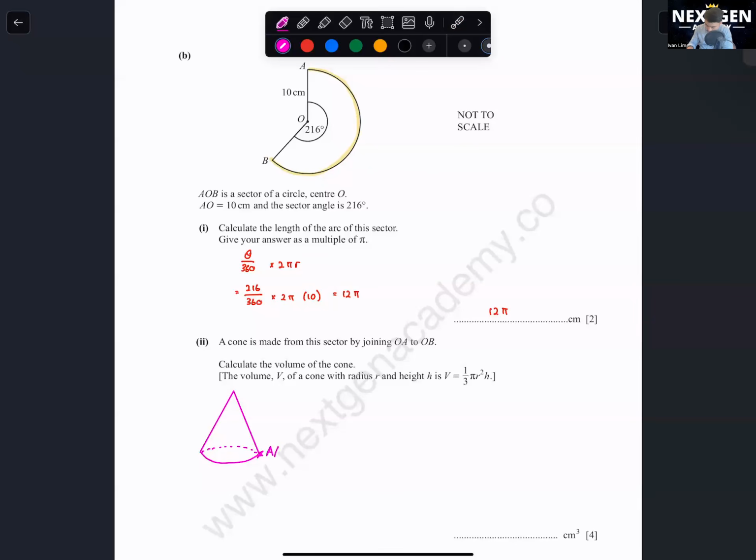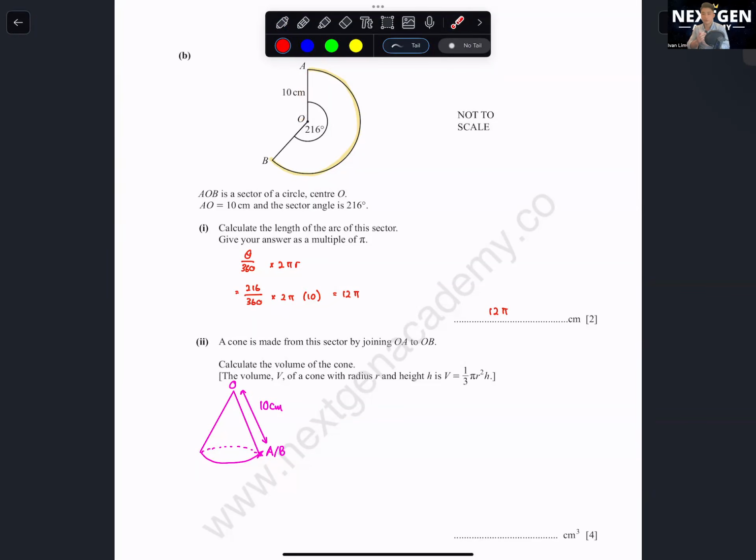This is where it connects. This is the connection of A and B. Okay, what else do I know? The O is the top here. Okay, the O is the top. And my slanted height here is equals to 10 cm. Can you see?